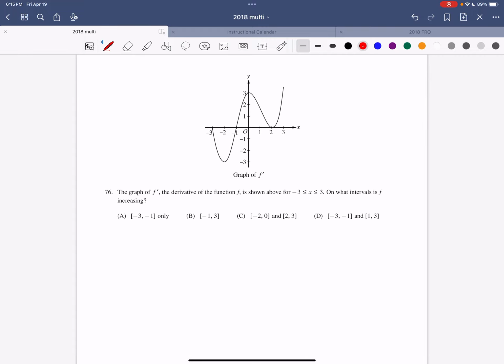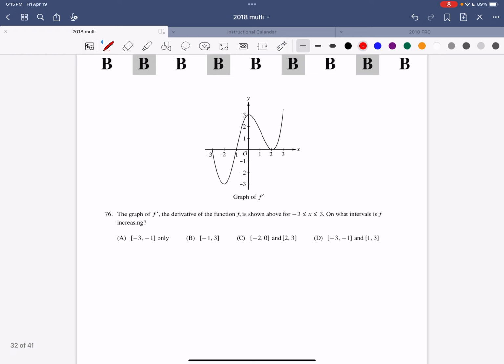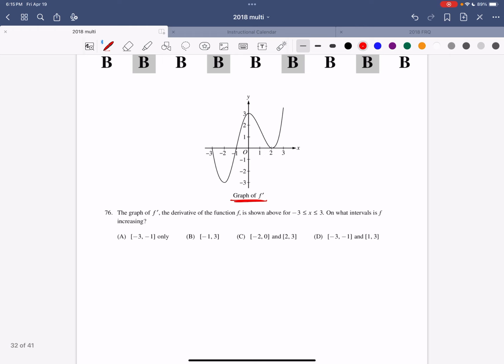First one, you don't need a calculator, okay? This is the first derivative graph, and the question is asking on which interval f is increasing. Increasing means it has a positive slope. That's what increasing means when it comes to f.